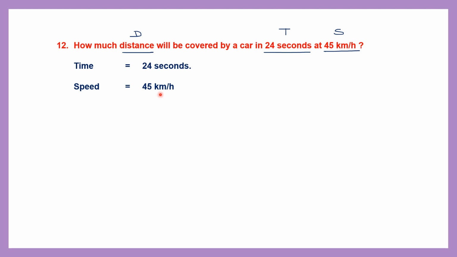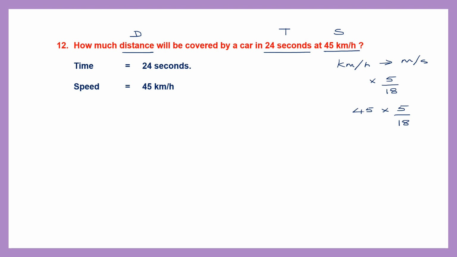This is in seconds, so we are going to convert kilometer per hour into meter per second, and we know the simple way of doing it. When you have kilometer per hour and you have to convert it to meter per second, all you have to do is multiply by 5 by 18. So here let's take 45, which is the speed. It is in kilometer per hour. We're going to change it to meter per second. For that, we're going to multiply by 5 by 18.